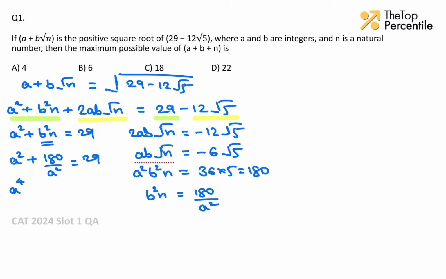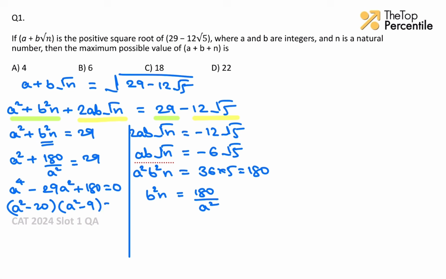This will be a power 4 minus 29a square plus 180 equals 0. Now I can see that the roots are 20 and 9 here. So this will be a square minus 20, a square minus 9 equals 0. Now a square will be 20 or it will be 9.